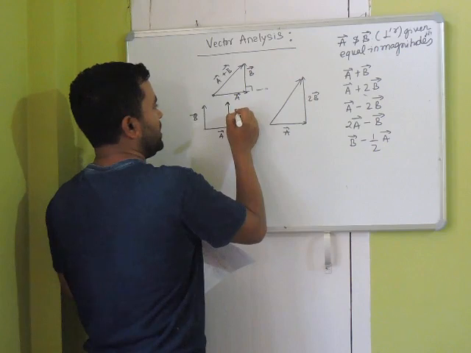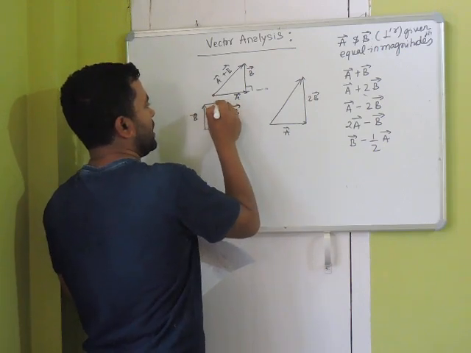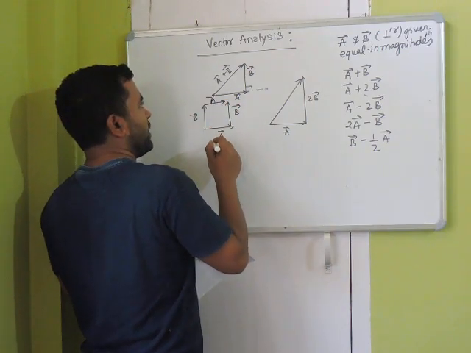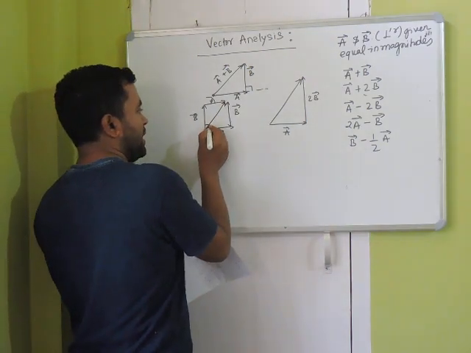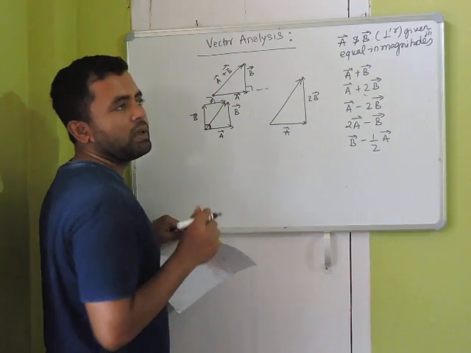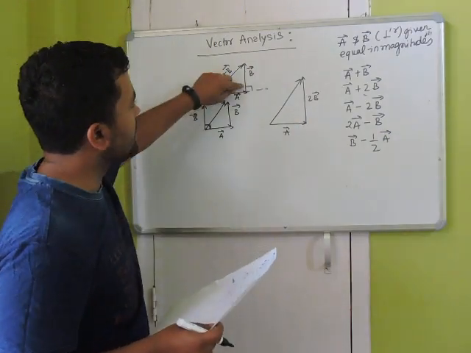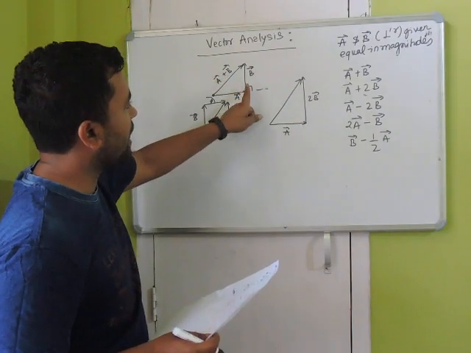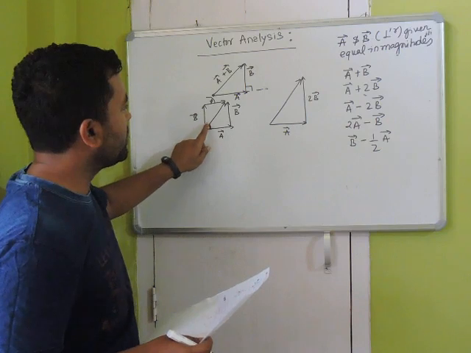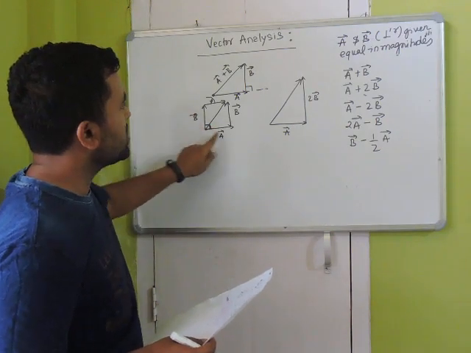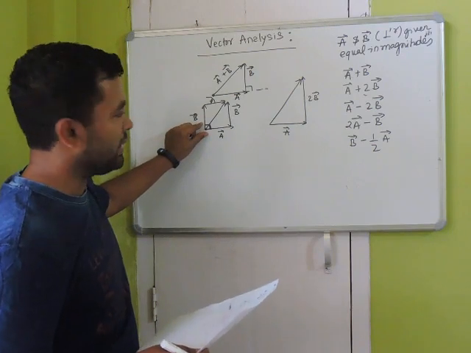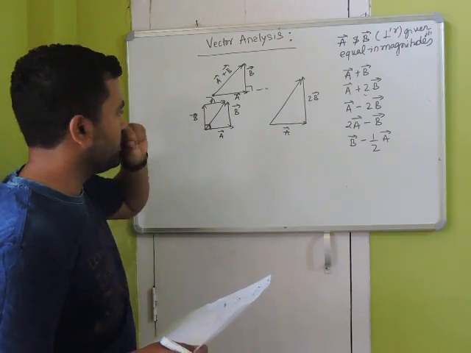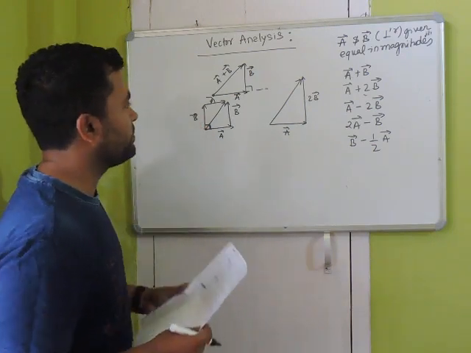This is B, this is A, so A plus B will be this only. Now this angle between A and B is 90 degrees. Of course this angle is 90 degrees, but actually you have to measure the angle where the tail coincides. So using the parallelogram law, I can visualize the tail thing, and this is the 90 degree angle between them.